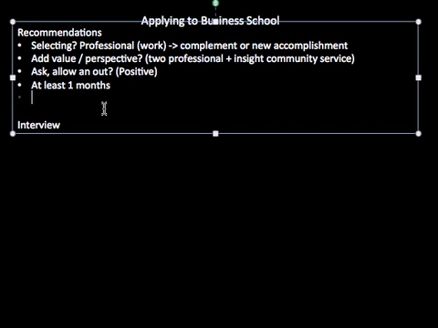You might be thinking, okay, once I ask them, what are other things that I should provide? I would provide a resume. I would also provide them the mission of the school. Every program is going to be different, and they might highlight different characteristics. Sometimes they would need a refresher if they work with many different people.